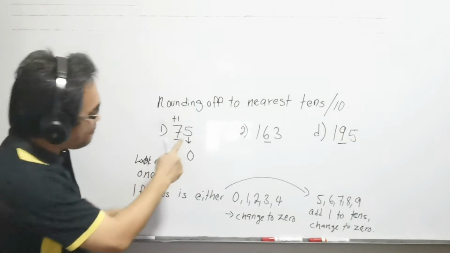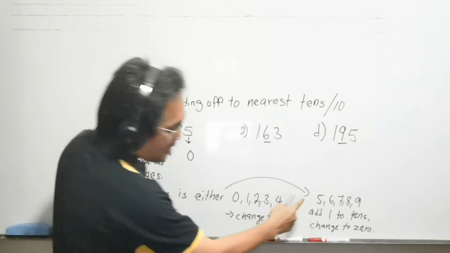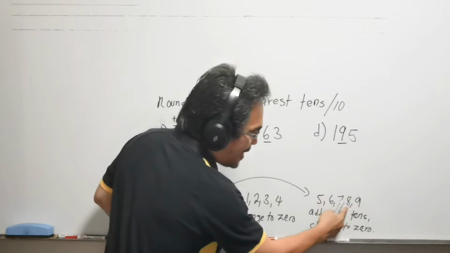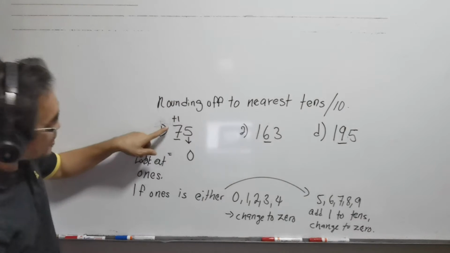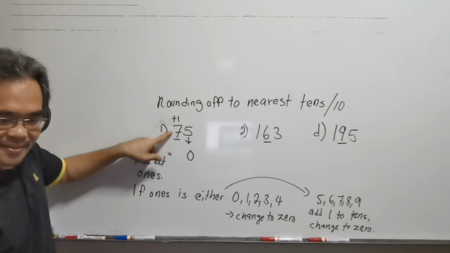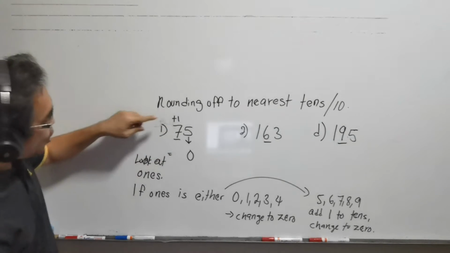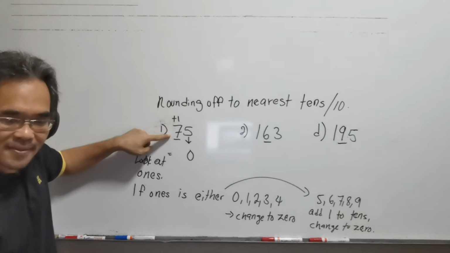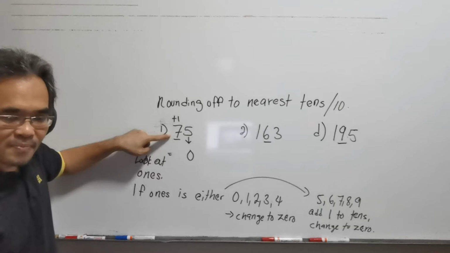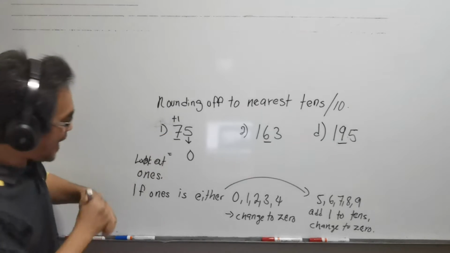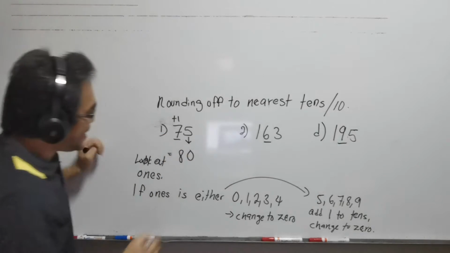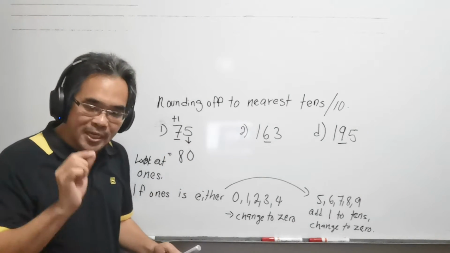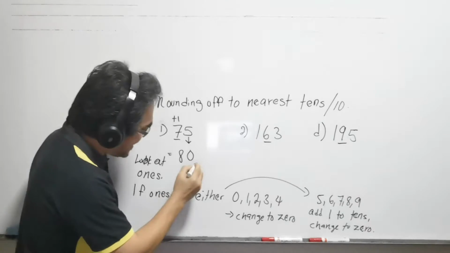If the number is 5, 6, 7, 8 or 9, you plus 1 to the tens number. Okay? So what is 1 plus 7? 8. So the answer is, 75 rounded off to the nearest 10 is 80.